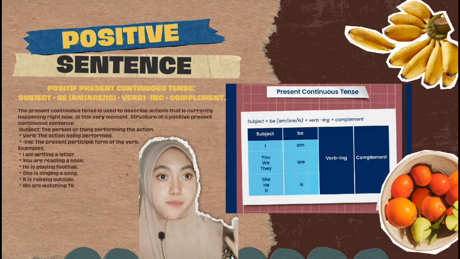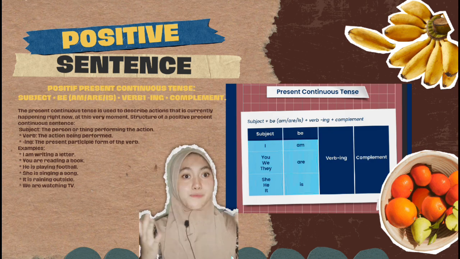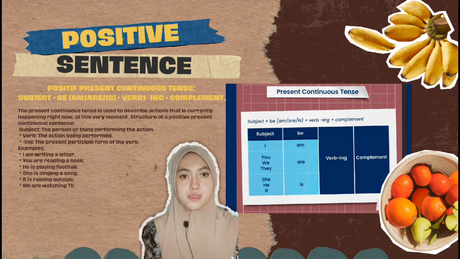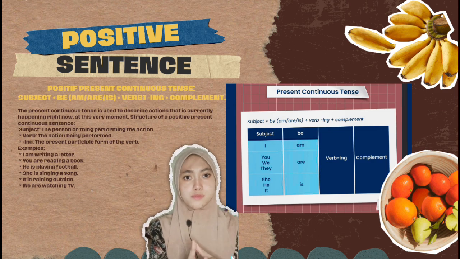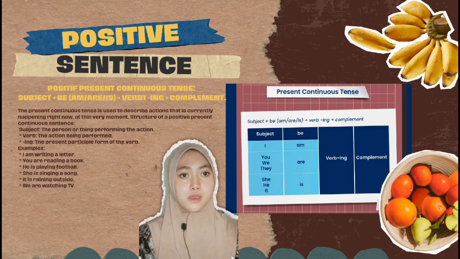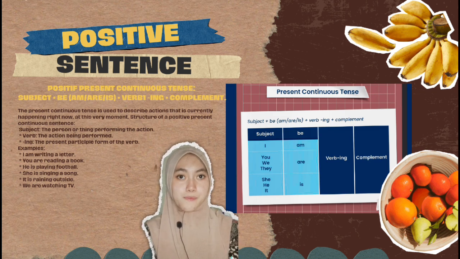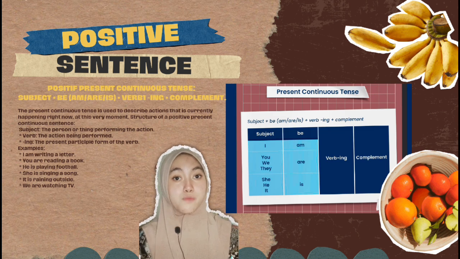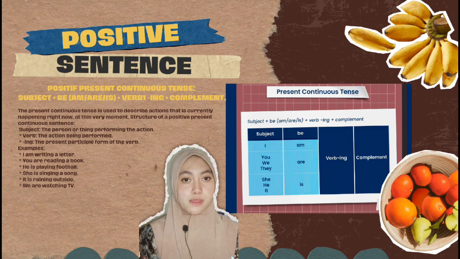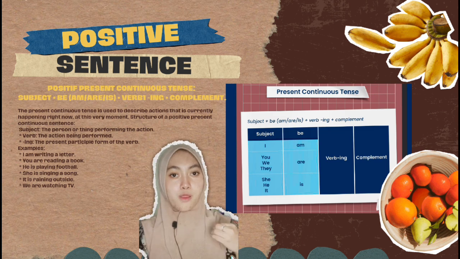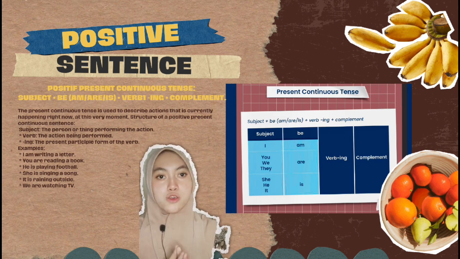It means that a positive sentence is when you tell someone, or when you see something happening right now, at this moment. That is the positive sentence in the present continuous tense.